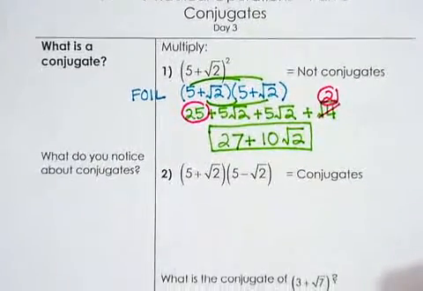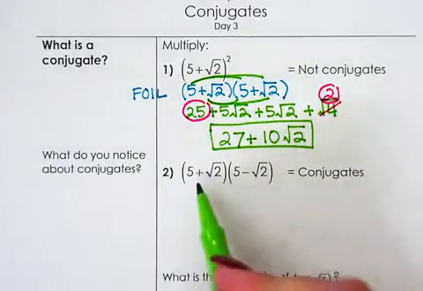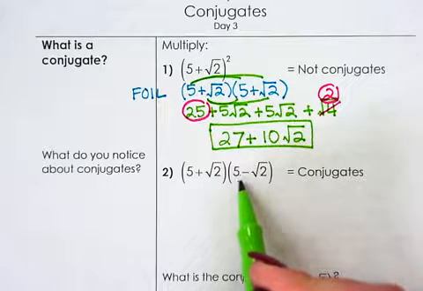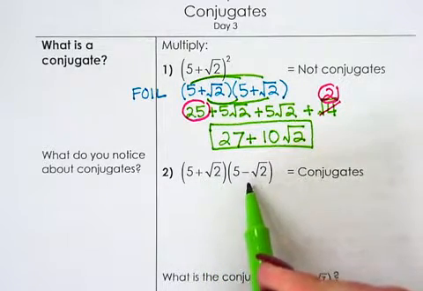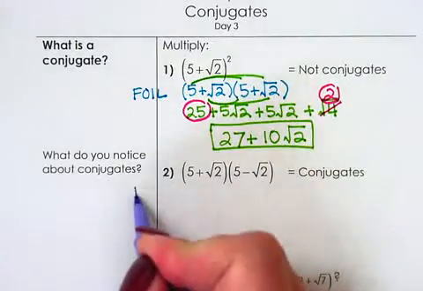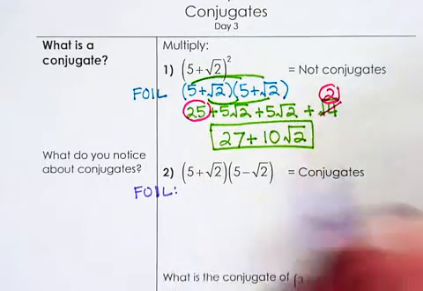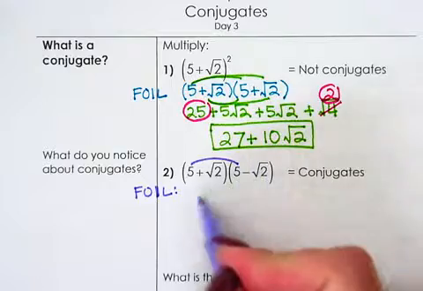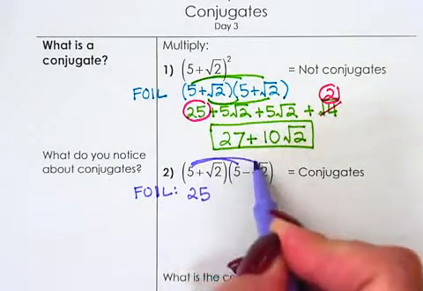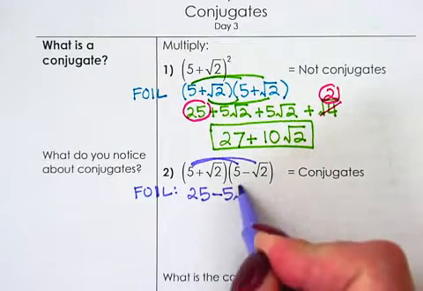Okay, let's look at the next problem, number 2. It looks similar. We have 5 plus radical 2, but this time I'm going to multiply it by 5 minus radical 2. So let's go ahead and use FOIL again and distribute through. 5 times 5 is 25. 5 times negative radical 2 is negative 5 radical 2.